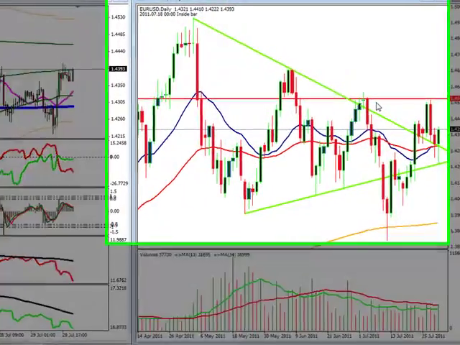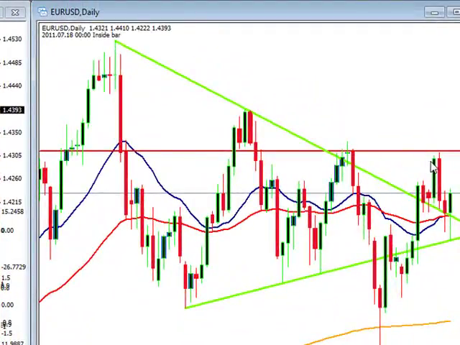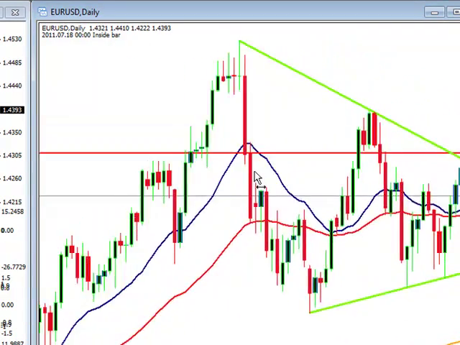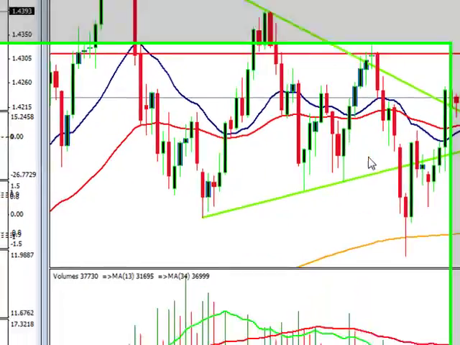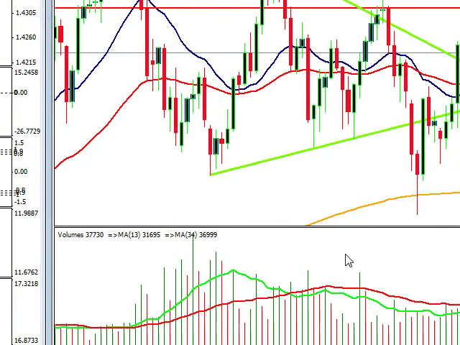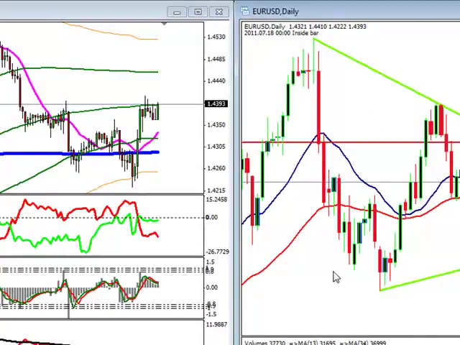Here on the euro dollar, we can see that same resistance price level being put in. We can see that we are in a range price action here on the daily. Really seeing some sideways action, not the same strength that the pound dollar is showing us.